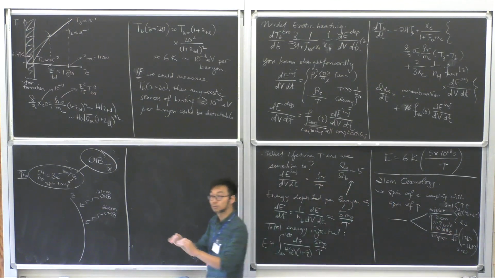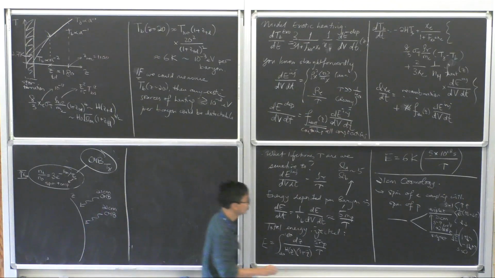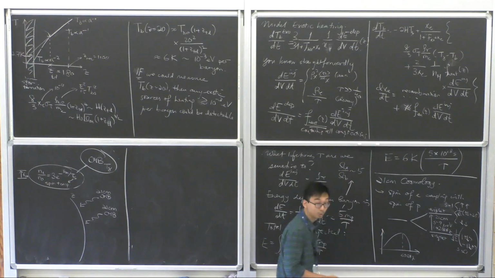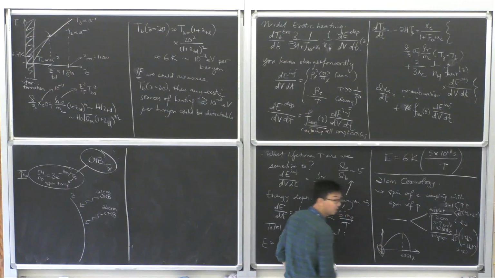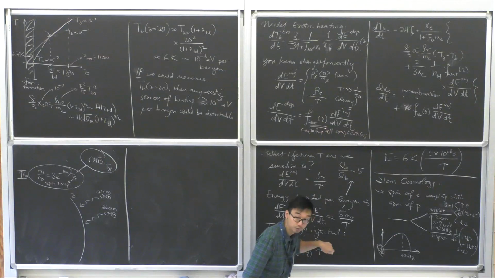Okay, so when you think about the CMB spectrum, let me draw the CMB spectrum here. This is 60 gigahertz. You're talking about photons that are like here. Okay, so you're well into what they call the Rayleigh-Jeans tail of the distribution.